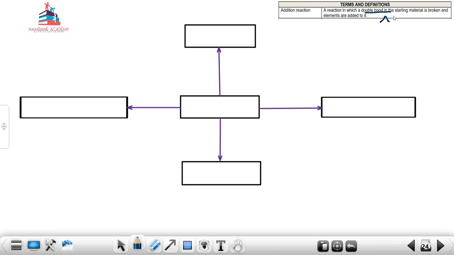Which is the double bond? Alkene. So let's start. We have an alkene, and we already in the previous slide said there are 4 reactions that we are going to speak about. So the first one, number 1, is going to be hydrogenation, which means that I am adding hydrogen.